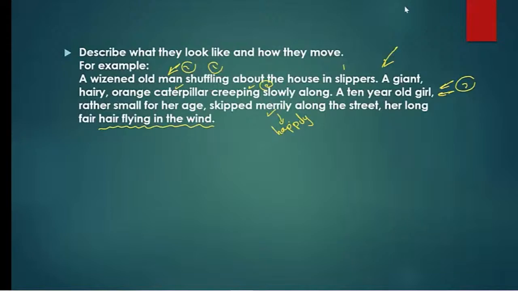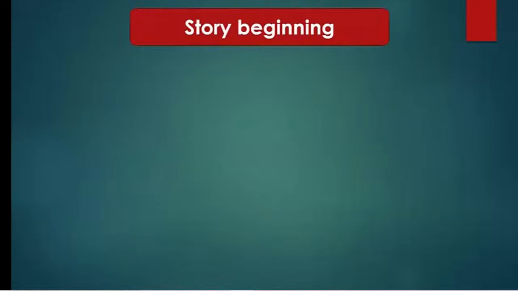So focus on the description of the character. You don't need to write too much, just simple words, two or three words to show the examiner that you can describe and you are able to use descriptive language.